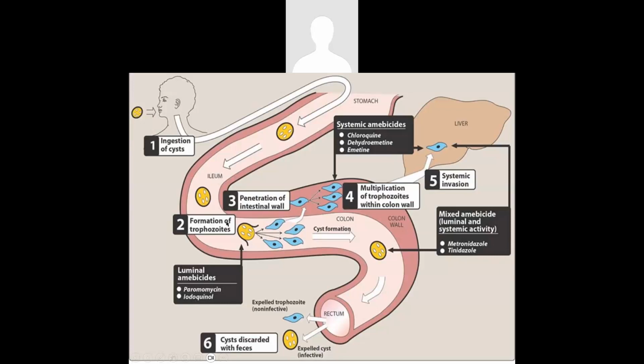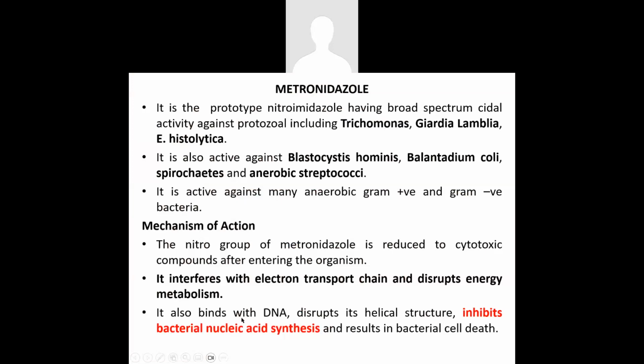For the formation of the trophozoite, we have a certain antibiotic, which is diloxanide, and so on. For systemic amoebiasis: chloroquine, dehydroemetine, and emetine. This is for systemic, this is for mixed, and this is for luminal amoebiasis.